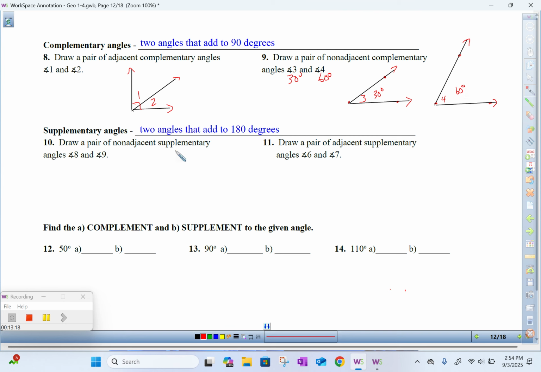We can do the same thing with supplementary. The first one it wants us to do is non-adjacent supplementary. And again, I can choose any 2 numbers that would add up. The easiest thing to do is 90 and 90, in my opinion, because I can draw 2 right angle boxes to make that happen fairly easy.